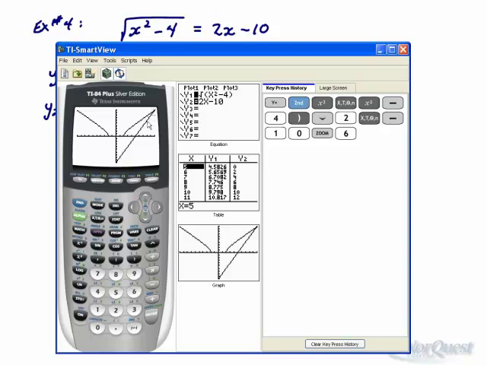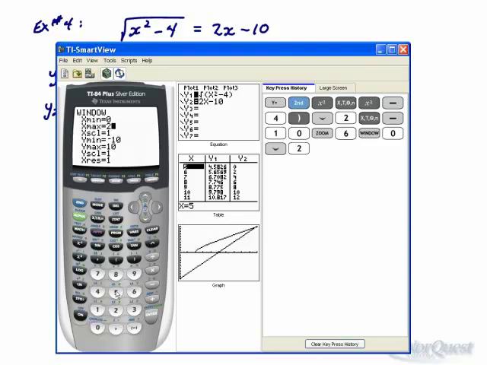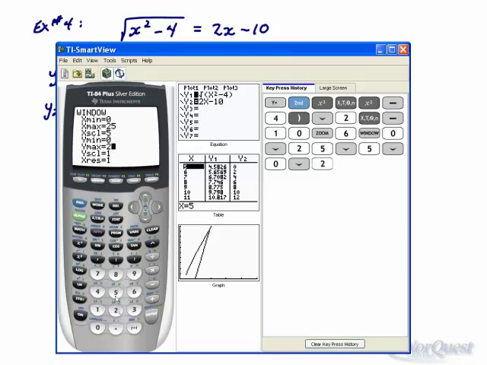So we're going to extend our x, we're going to extend our y using our window settings. So let's go from 0 to, again, 25, up by 5s, and we'll see how that looks.